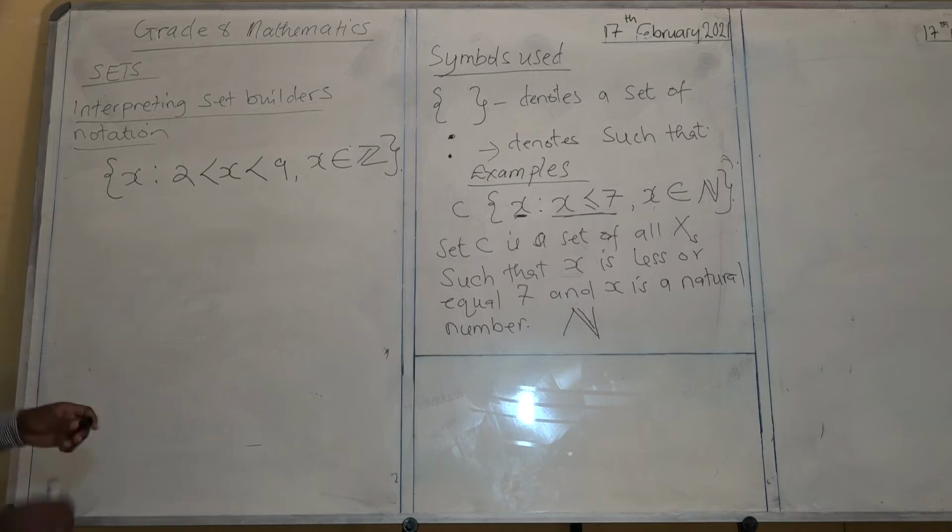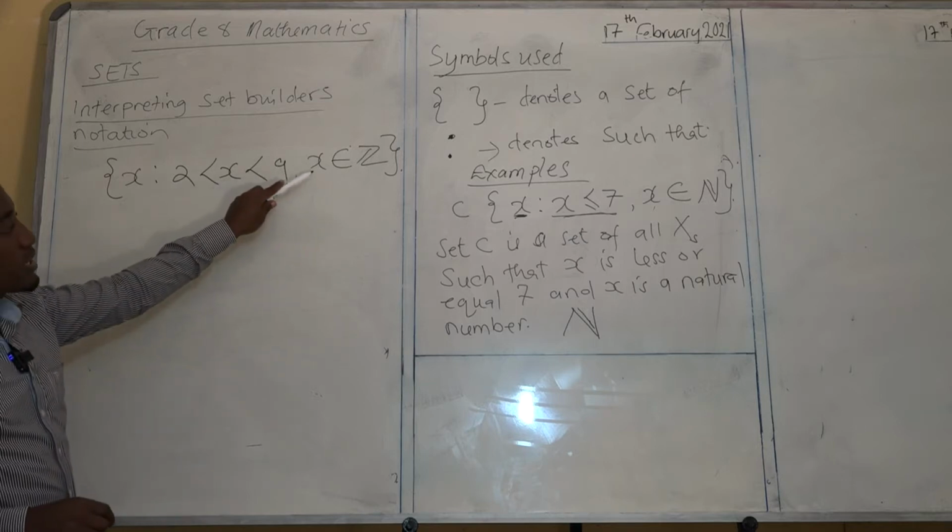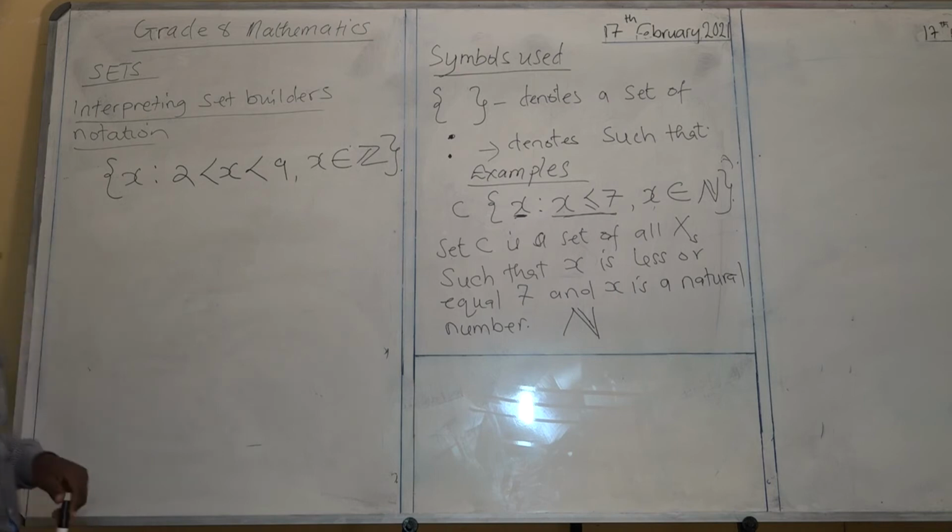If I tell you to describe this set, here we have x such that 2 is less than x and x is less than 9, and you have been further told that x is a member of integers.